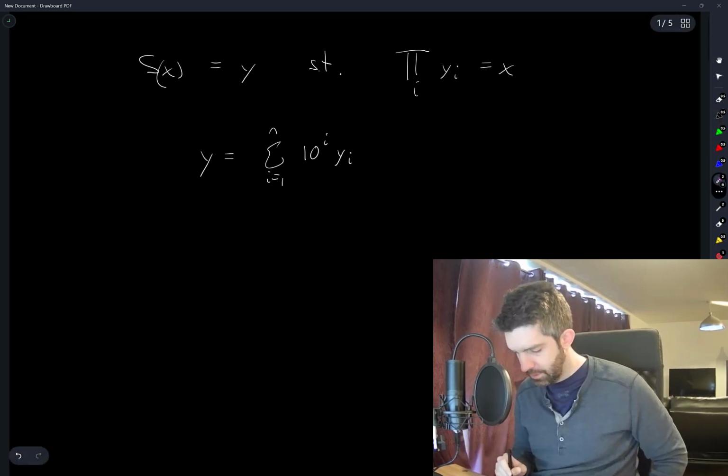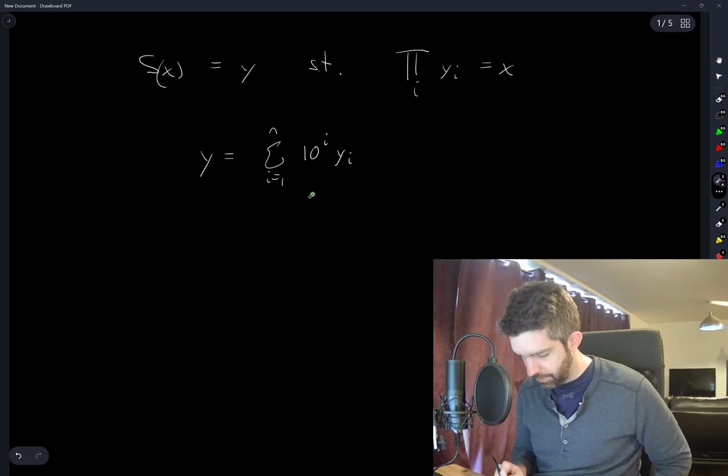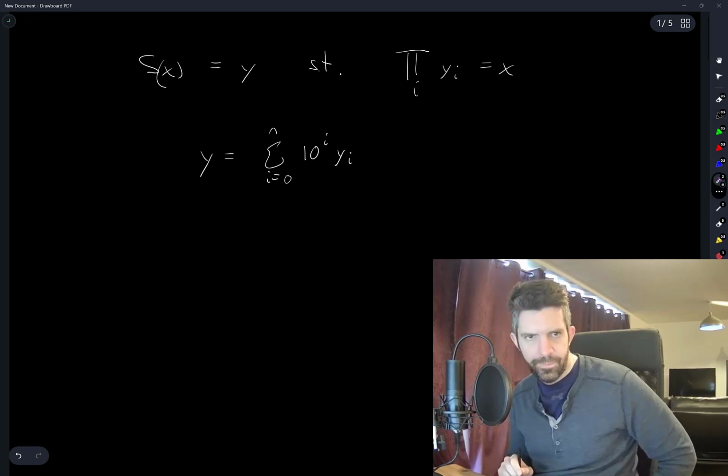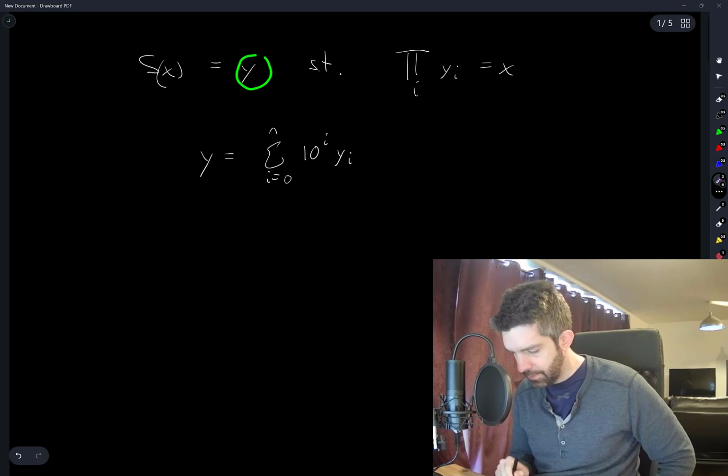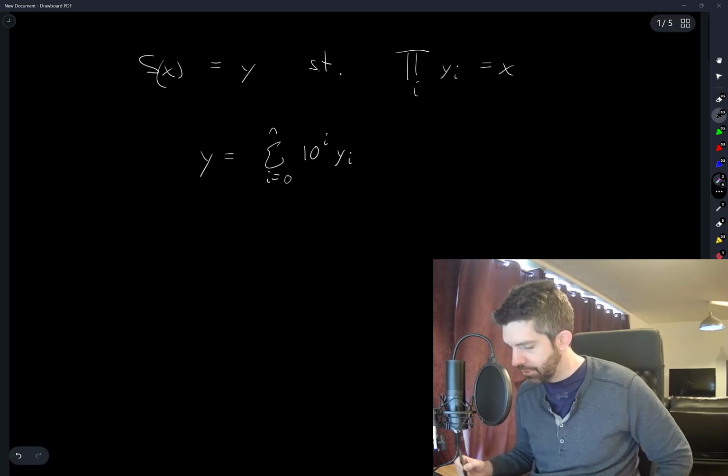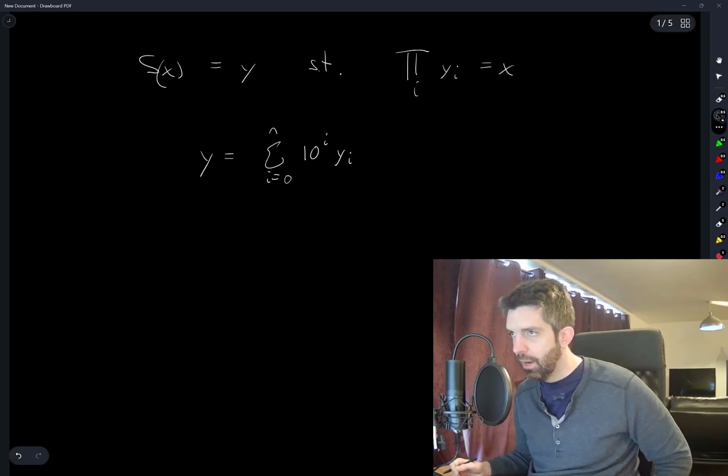So I guess i has to start from 0. So it returns an integer such that the product of the digits is equal to x, and it returns the minimum possible integer. Wow.